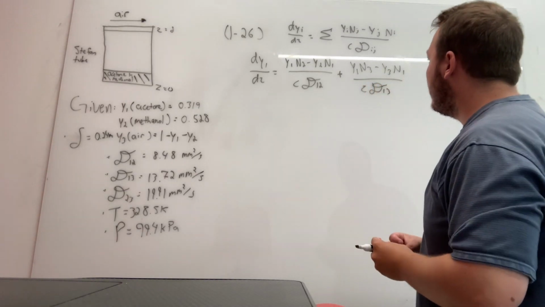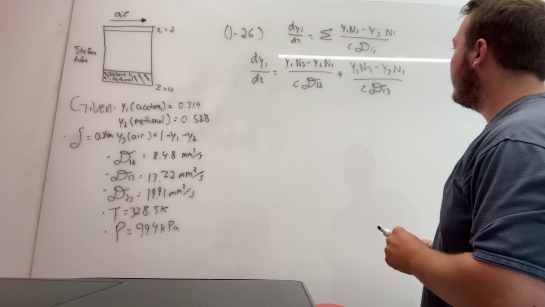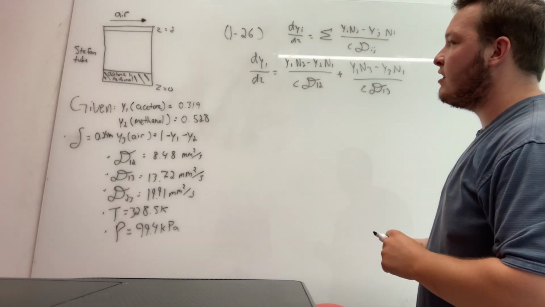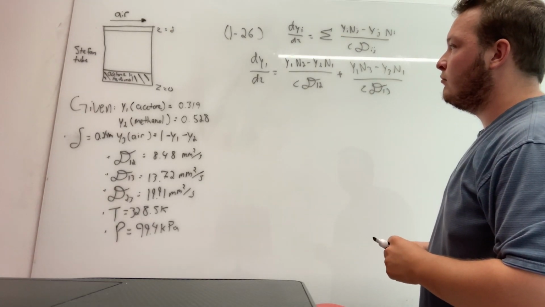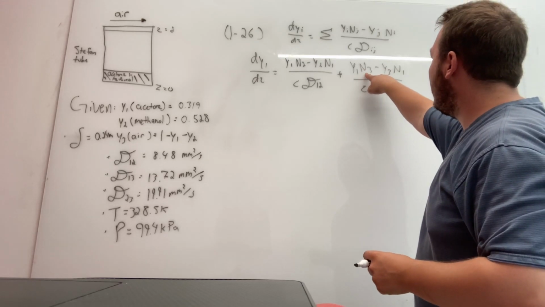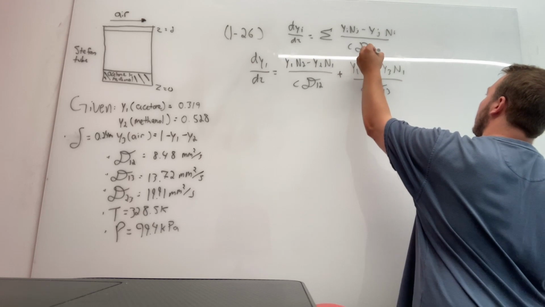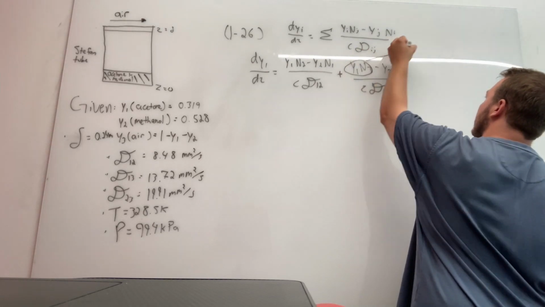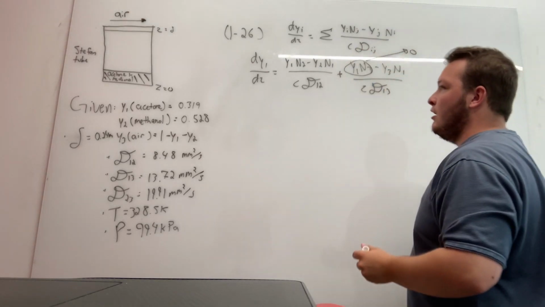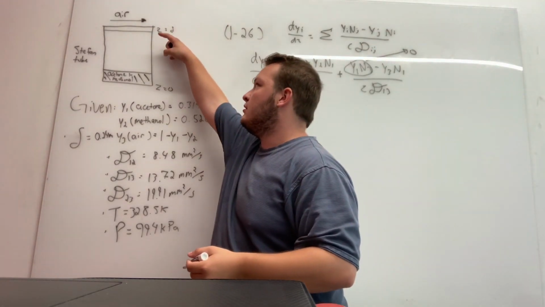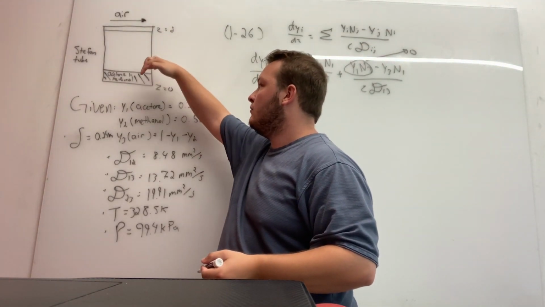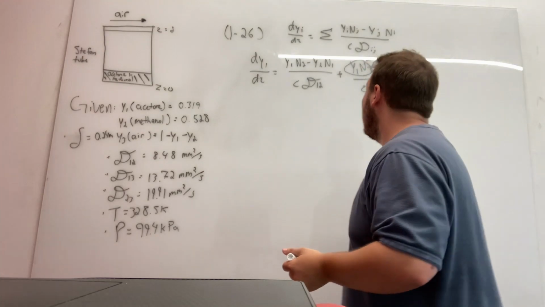Looking at this formula now, we know the molar flux of air is going to be equal to 0, because none of the air is diffusing down into the tube. It's just flowing over.